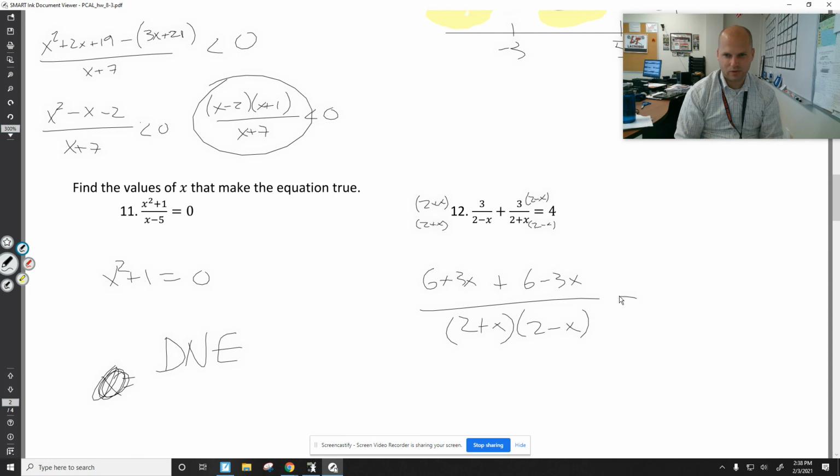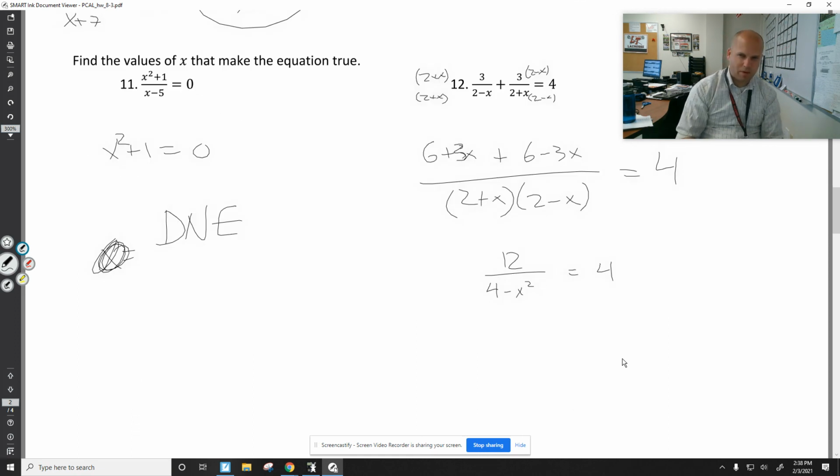This might be another no solution. Yeah, because the numerator is going to be, let's find out. This is 12 in the numerator. The denominator is 2 plus x and 2 minus x. That distributes to be 4 minus x squared.